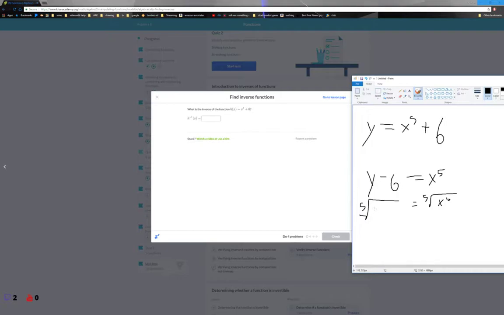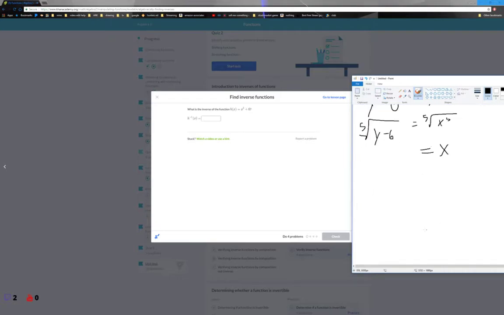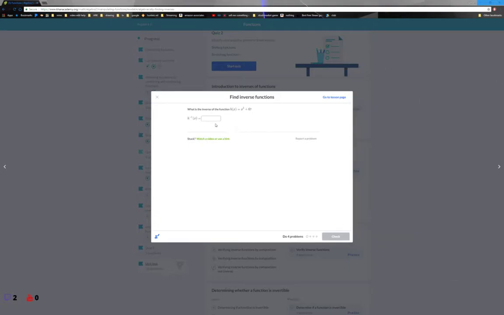Alright, and then we'll just plug in y minus 6. And this will just equal x. We'll replace the x with h inverse of x. And then we'll replace the y over here with x, because it doesn't matter what the variable is, and it will fit with the rest of the equation.